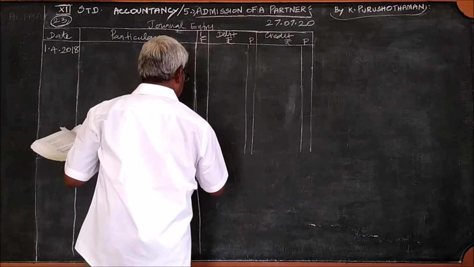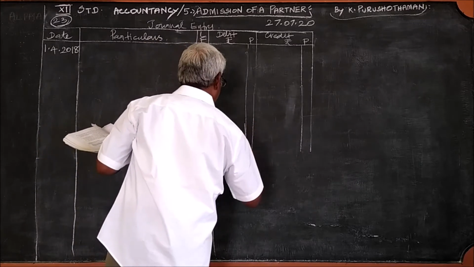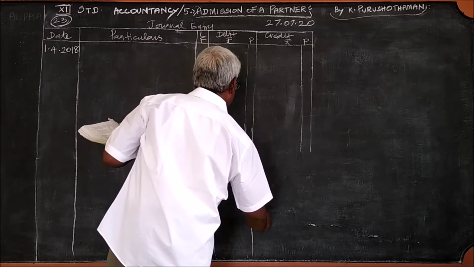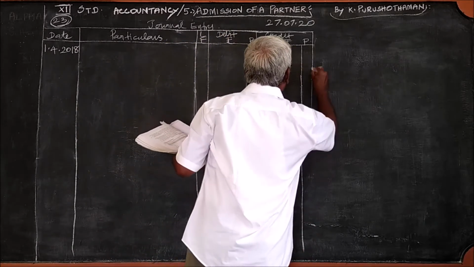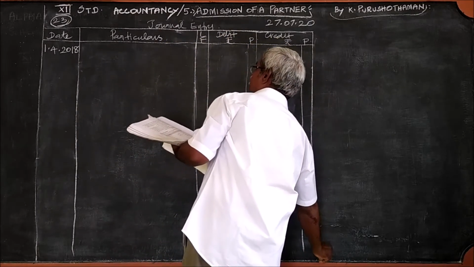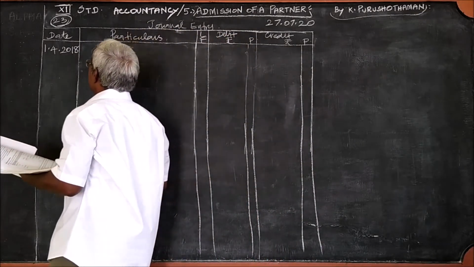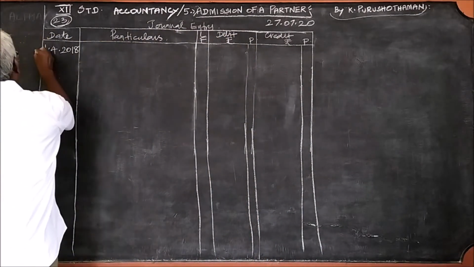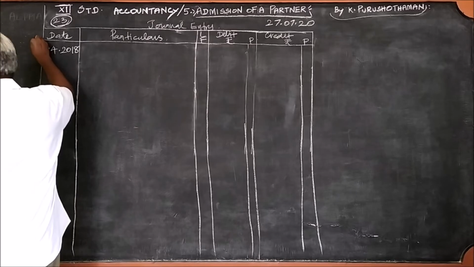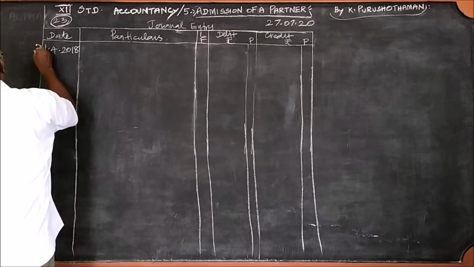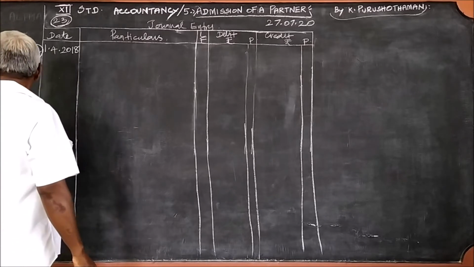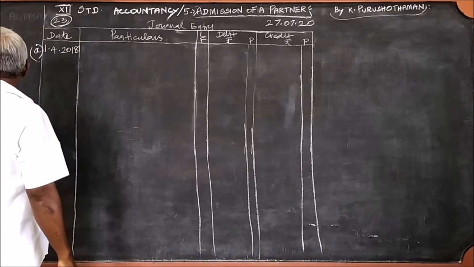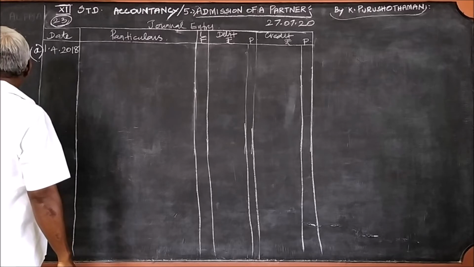Writing off goodwill means leaving it out, not sharing the goodwill. So for that, what should be the journal entry? There are two subdivisions. For the first subdivision, division A, who are the two partners? Sam and Jose.